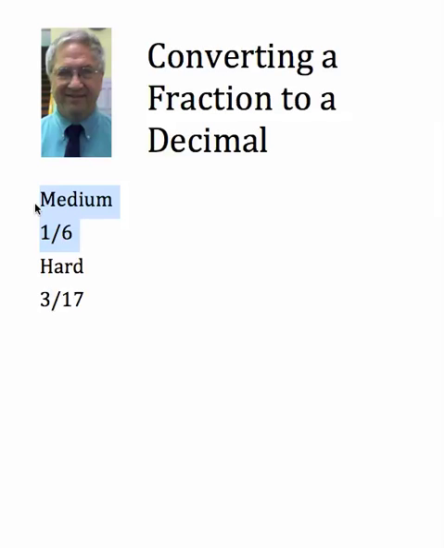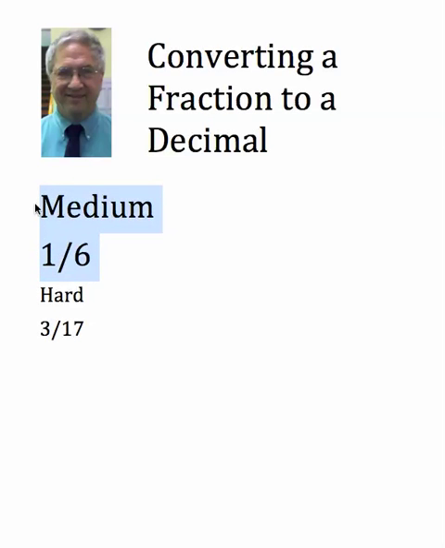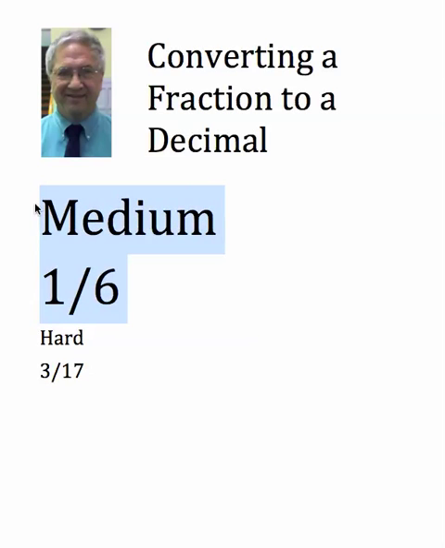For medium ones, it's a little bit tricky. Okay, 1/6. I can't do 1/6 in my head. Oh, wait a second. A sixth of a cake is sort of like a third of a cake. A third of a cake is 0.33, right? So I have it in my head.